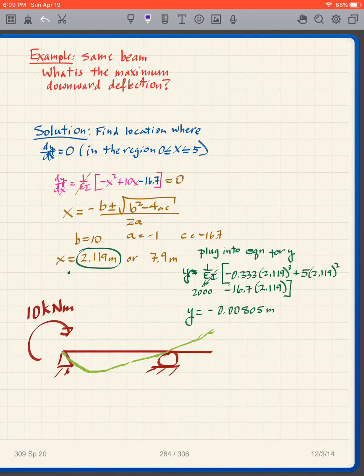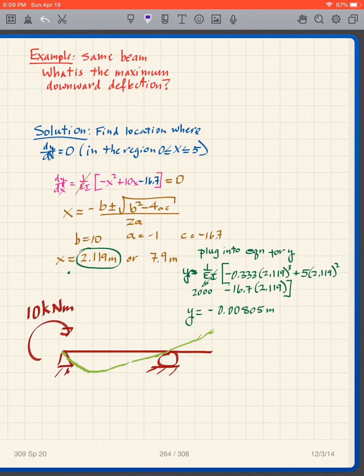So all we need to do then is to look at our dy dx equation, which is that, and I want to determine when dy dx equals 0. So I'm just going to set it equal to 0, and then solve for my value of x. Of course, it's a quadratic equation, so you can either do this on your calculator or use the quadratic formula.